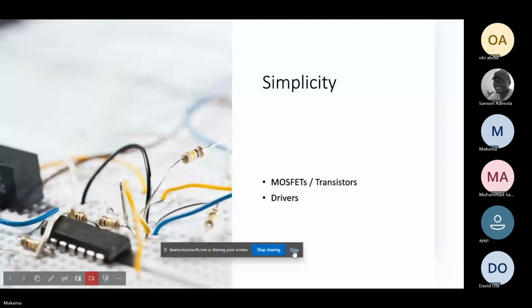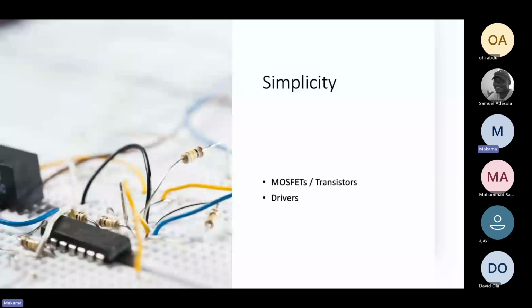But with the help of MOSFETs and transistors, or motor drivers, we have gained powerful control over our speed and direction.